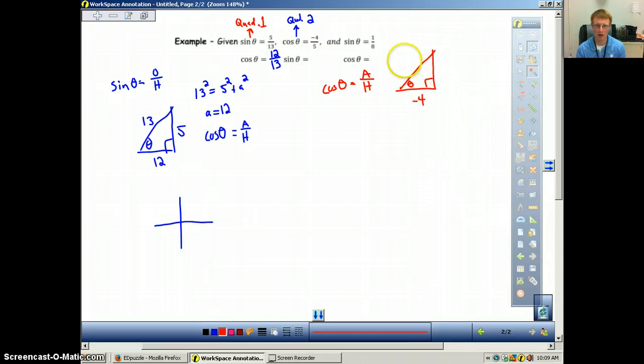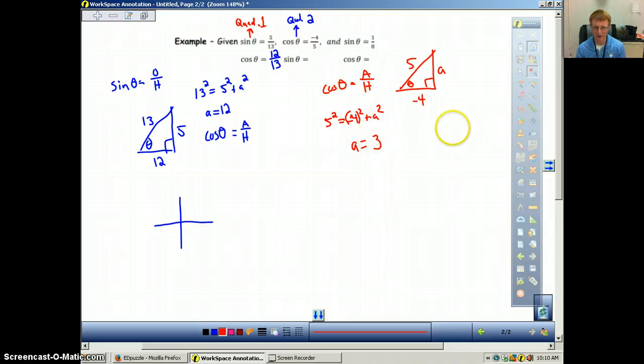And then our hypotenuse is going to be 5. So we're missing this side right here. We're going to call that A. We know that that's the opposite side, but I'm not going to put an O there. So again, we are going to solve for that missing side. 5 squared equals negative 4 squared plus A squared. And again, I'm not going to go through and do all the solving for you. You're going to find out that A is equal to 3.